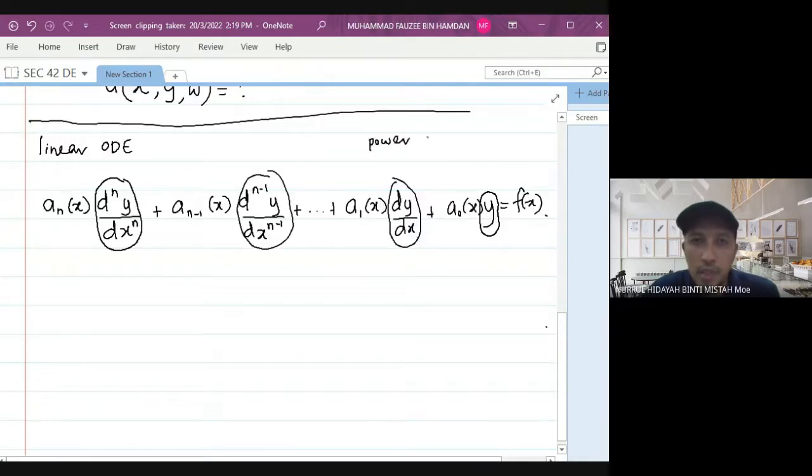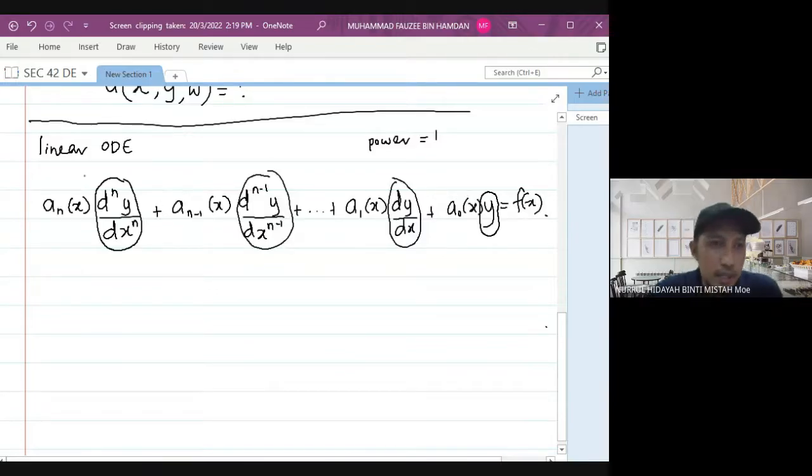This is d to the power n y over dx to the power n, power of 1. This is power of 1, this is power of 1, this is power of 1. So if all are power of 1, then we consider it a linear ODE. That is the first condition.